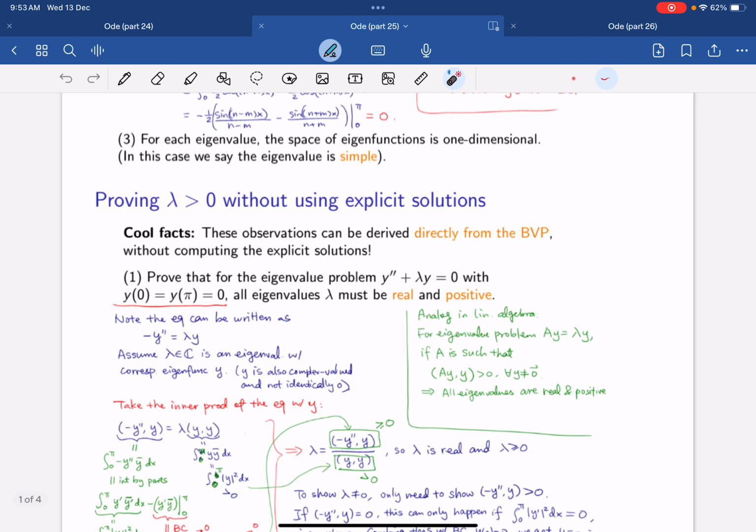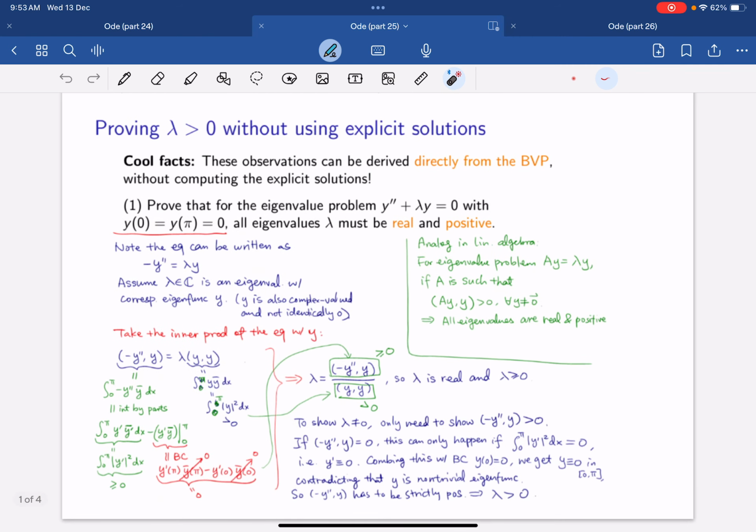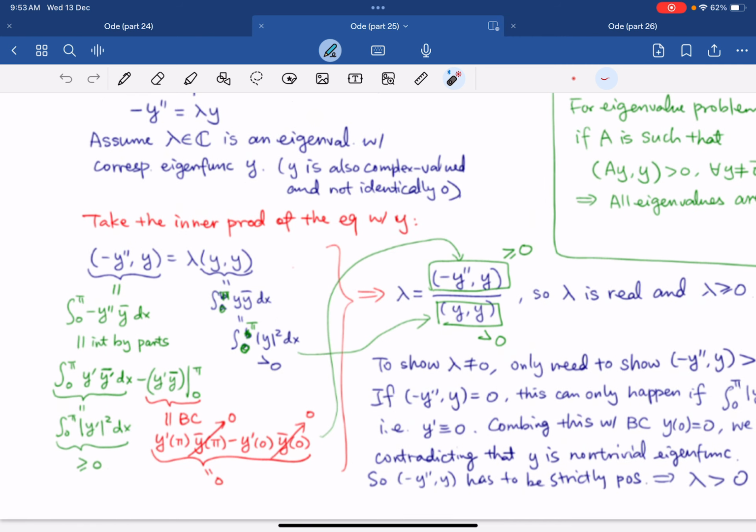Okay, so from there, we got this portion equals to the product over here. Then how do we solve this?